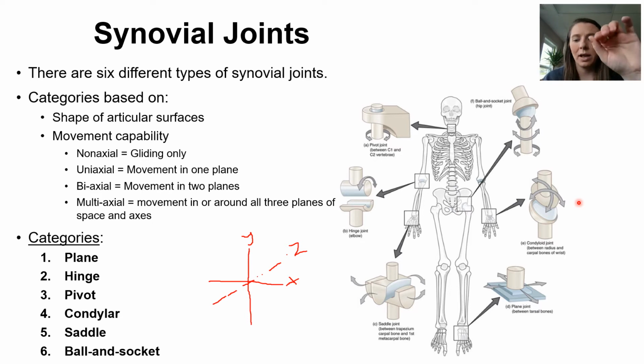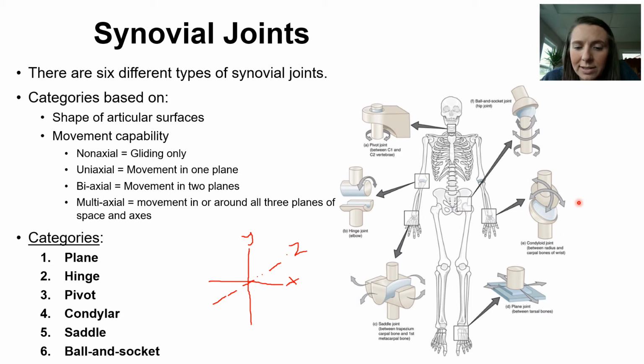For the most part, with our wrist we can do this motion, and we can also go side to side. So this is really two planes: front and back, and also side to side.